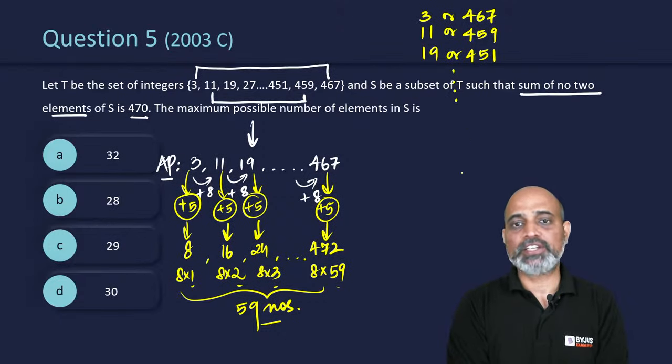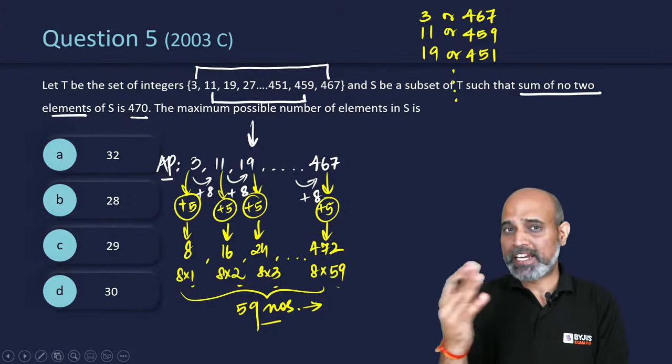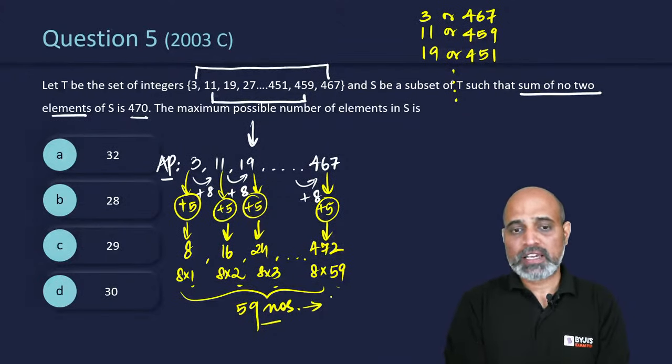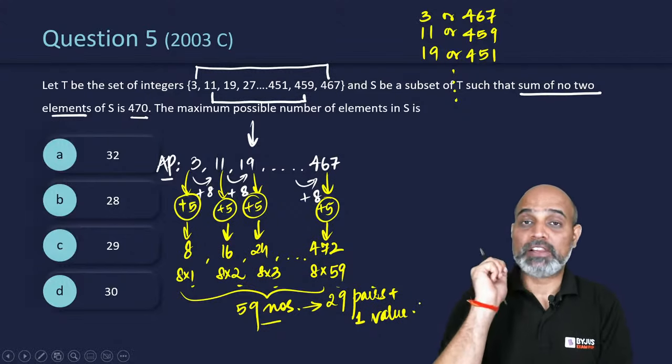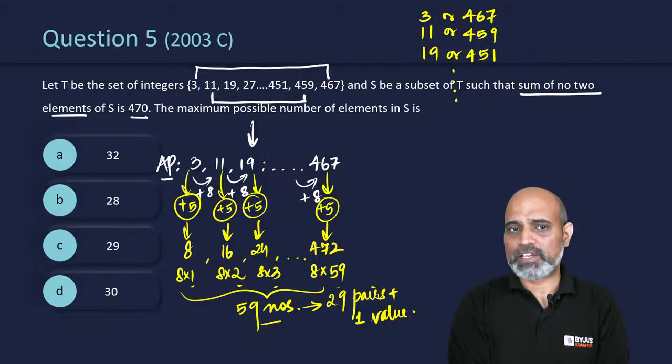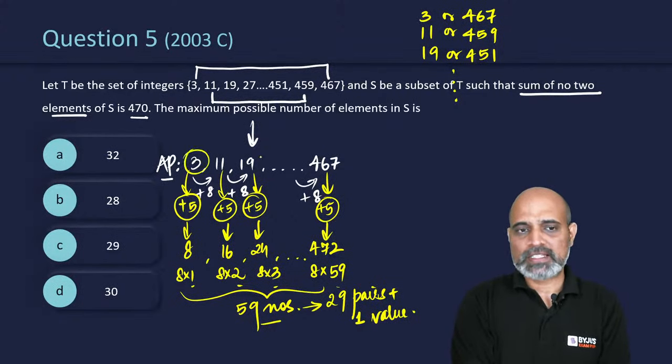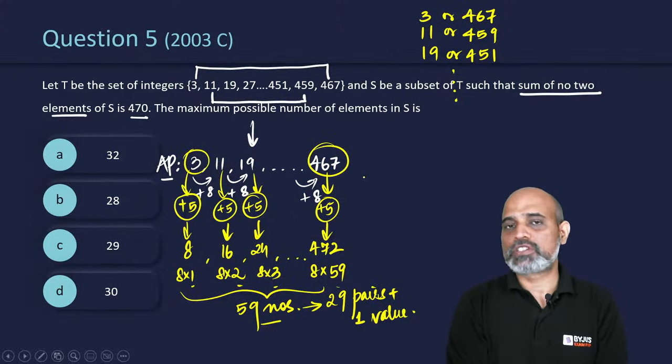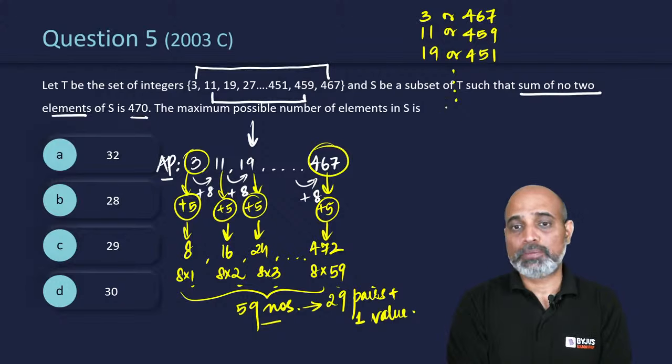If this continues, can I say 59 numbers is actually 58 plus 1? 58 means there are going to be 29 pairs and one value. वो value कौन सी होगी? Middle value. Now in an arithmetic progression, how do you find the middle value? Middle value is taken as the average of the first and last. 3 and 467 का average क्या होगा? 470 का half, which is going to be 235.